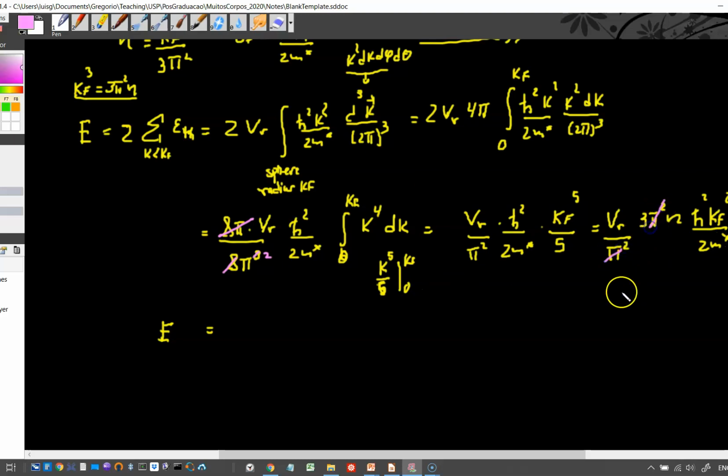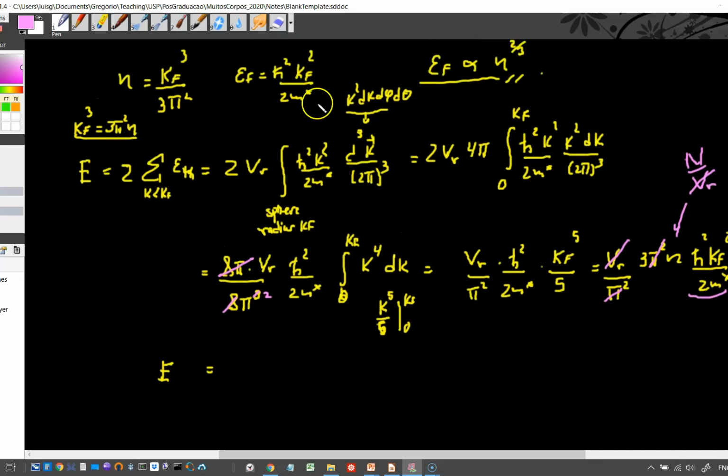This pi square goes away. This density is just the number of particles divided by the volume. So this volume goes away with this volume. We're left with the number of particles here, okay? And this is precisely, if you remember, the Fermi energy, right?